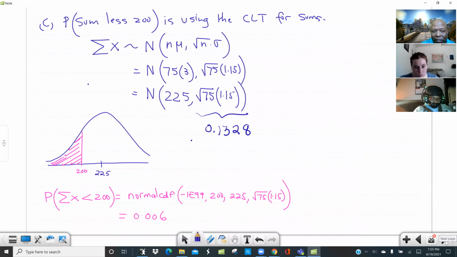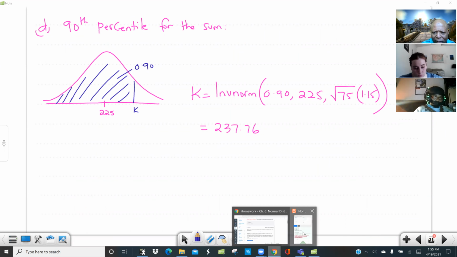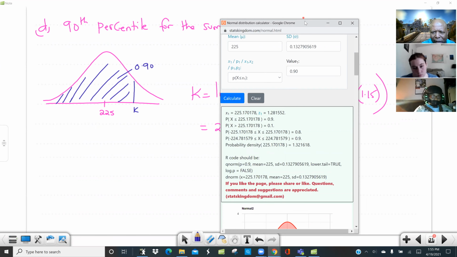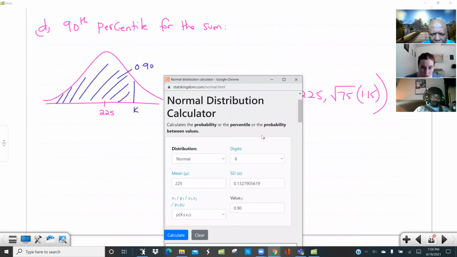And then the 90th percentile, we are back again to the 90th percentile. For the same information, I pick the second option. I put 0.90 and I will get 225. What am I doing? I think I put in wrong information, right? How can this be 225?